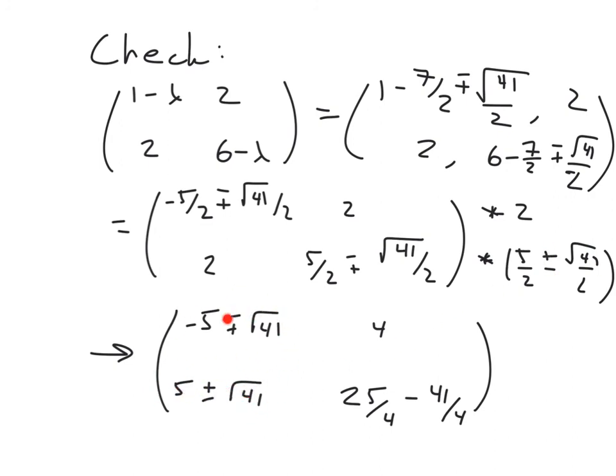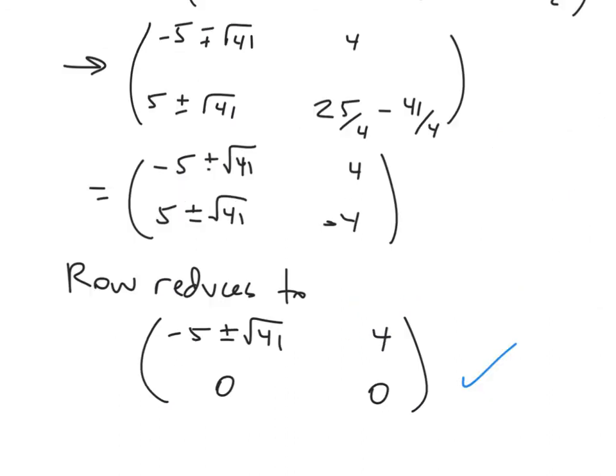That's good. These initial two terms match, which is by construction. And then we get this 5/2 times the 5/2 gives us a 25/4. The cross terms cancel because the signs are minus, plus, plus, minus. And then this outer term gives us a 41 over 4. And so we just need to simplify this, and we're hoping for a negative 4.